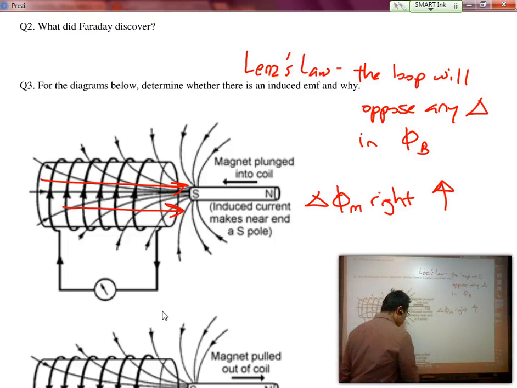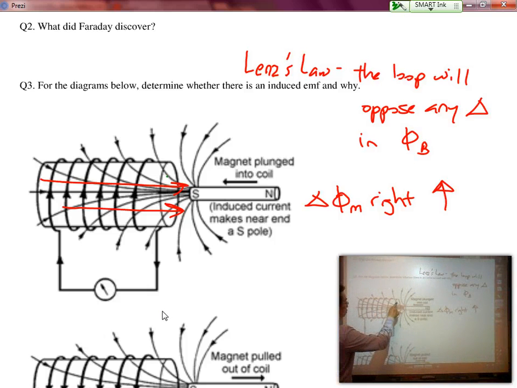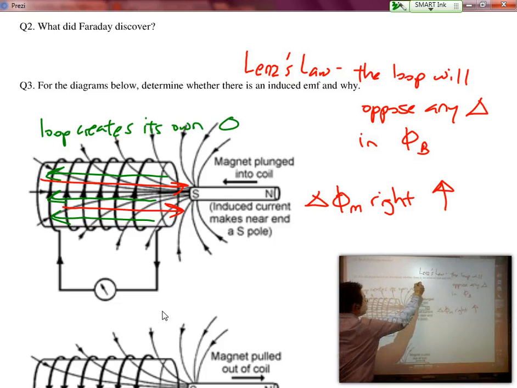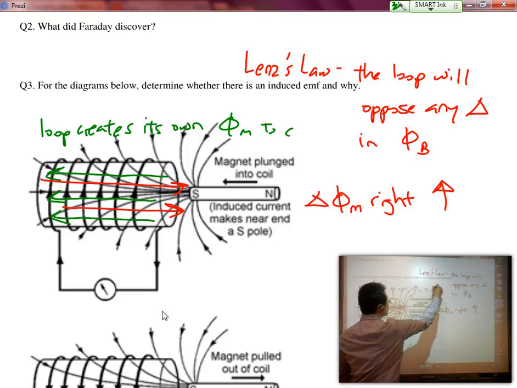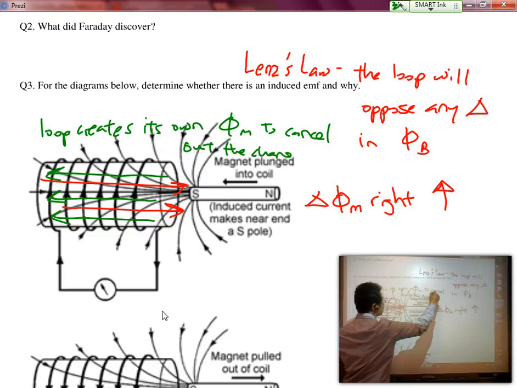Okay, so the loop will actually create its own magnetic flux to cancel it out. So within the loop, to cancel out the change.